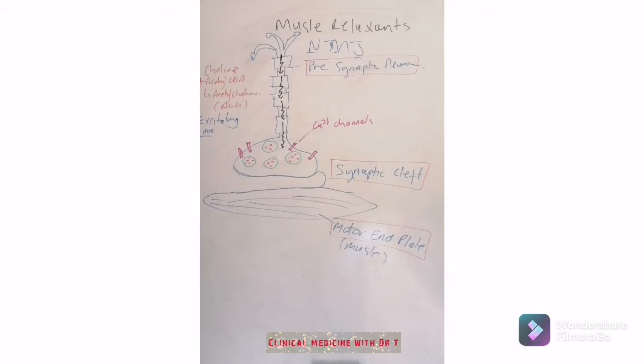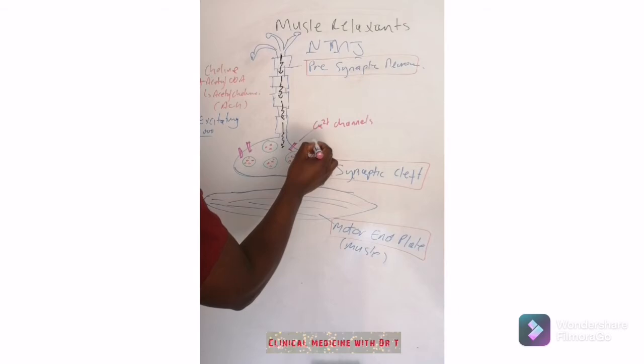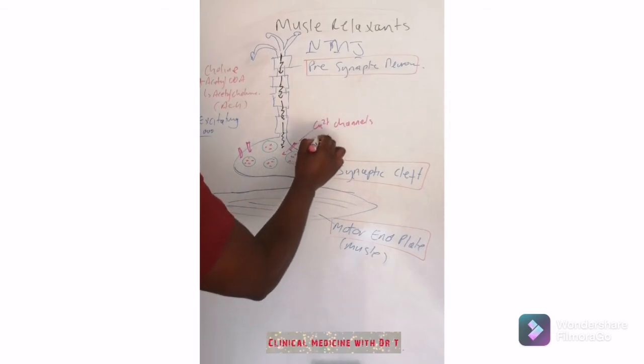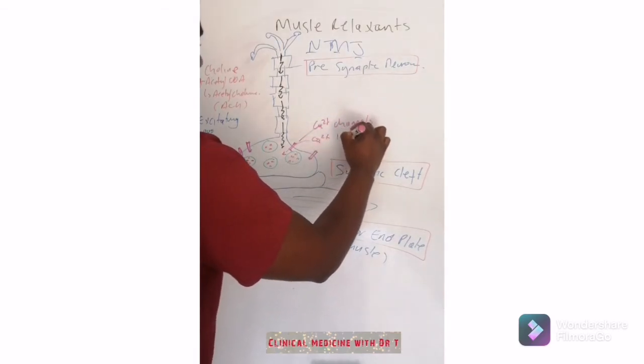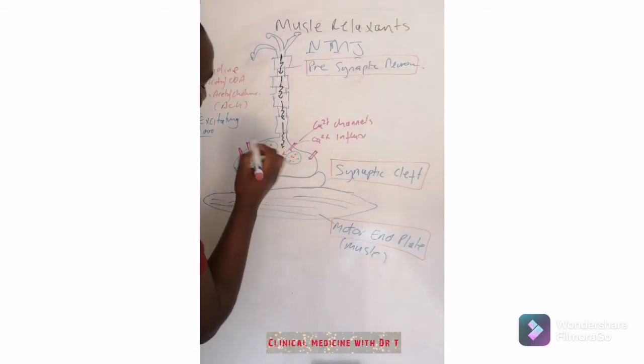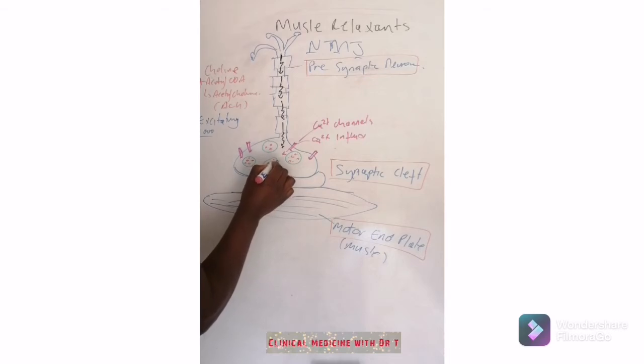Now, what happens when calcium channels open? Calcium enters the end bulb. So there's an influx of calcium. That calcium attaches to the walls of the vesicles.